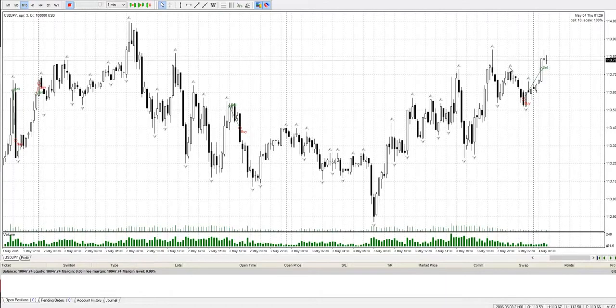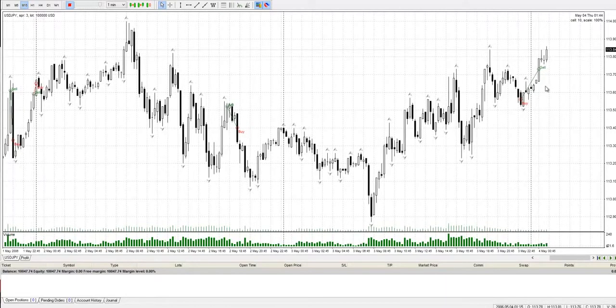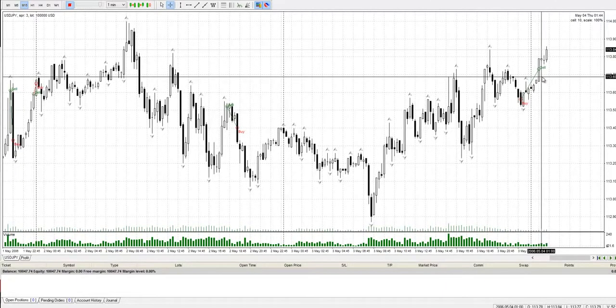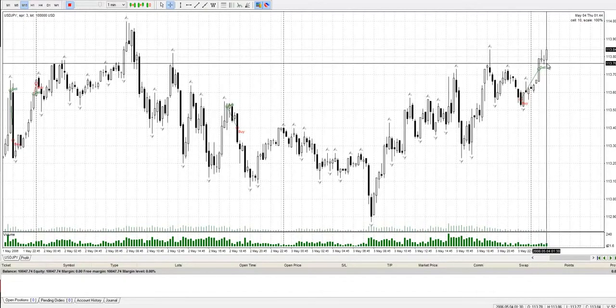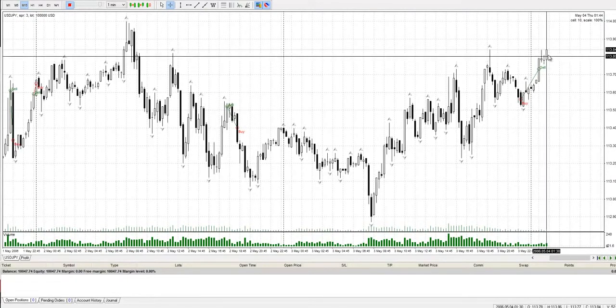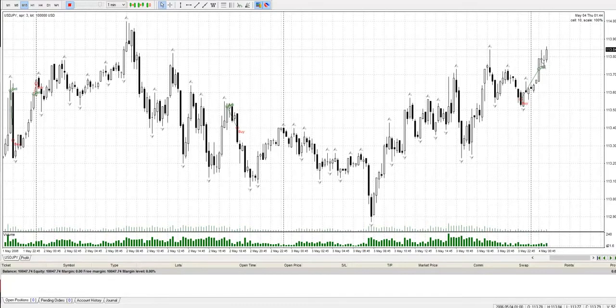The key to this strategy is not the edge, but it's more of the risk to reward ratio with a slight edge, because you can win only 51% of times, but if your risk to reward ratio is more than 1:1. Okay, this is another bearish trade.